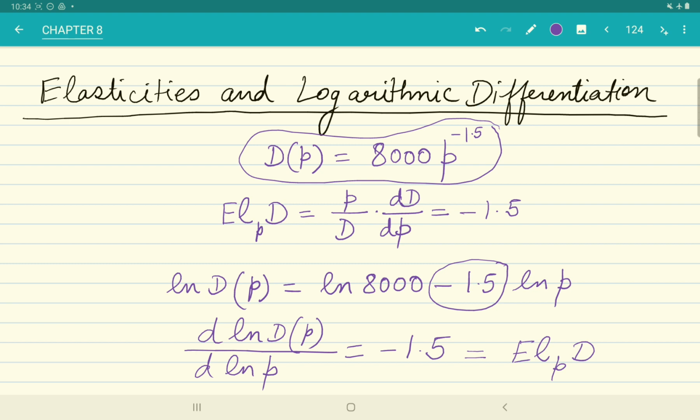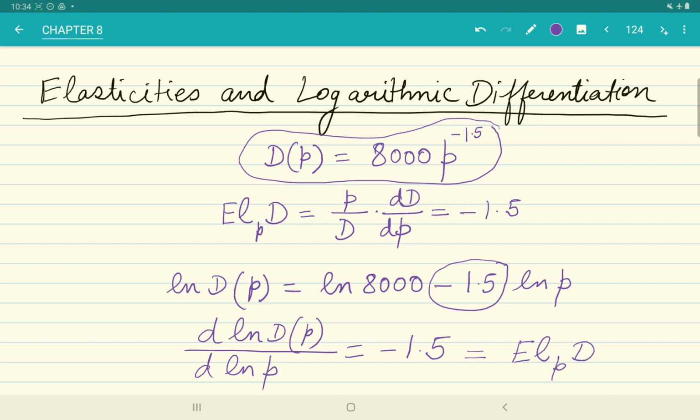I'm so sorry, I misspoke earlier. This is the constant slope of the log linear relationship.